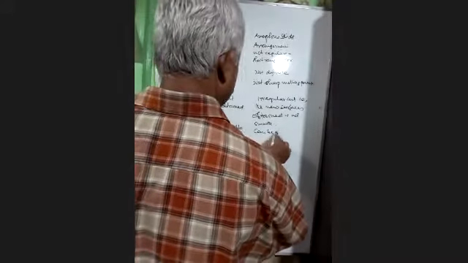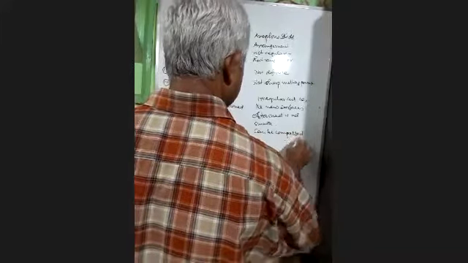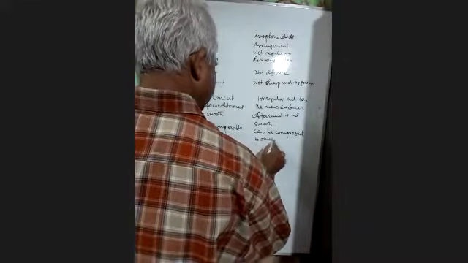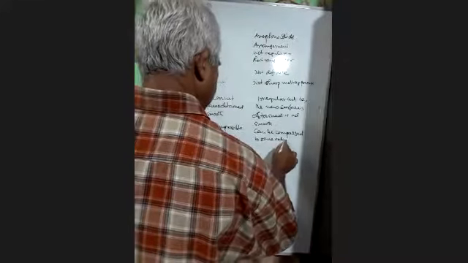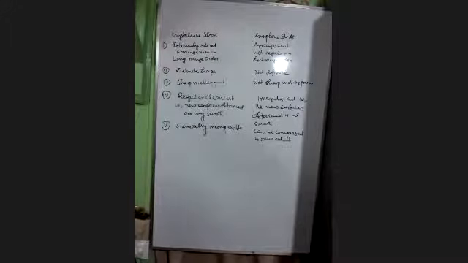Amorphous solids can be compressed to some extent, because some gap is there. If you compress, the particles can go closer and the size may become a little smaller. It's not that you can compress to a large extent, but to a small extent you can compress them.